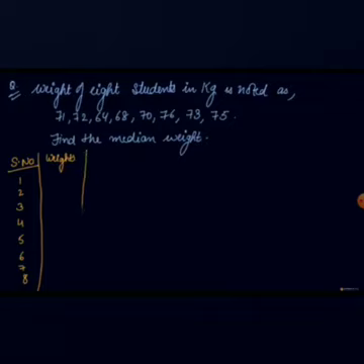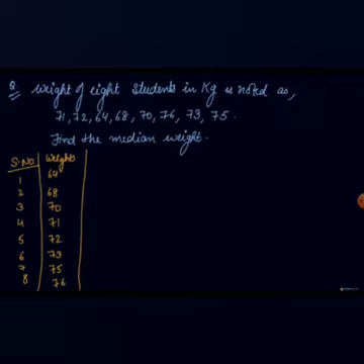Let's write down the weights in ascending order: 64, then 68, then 70, 71, 72, 73, 75 and 76.